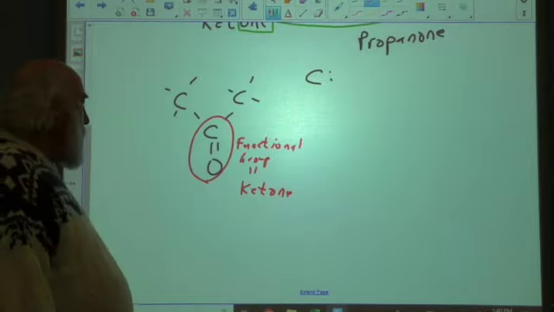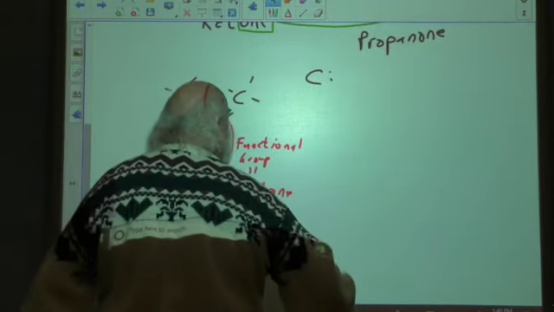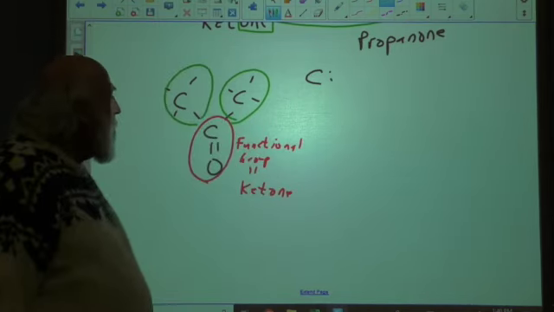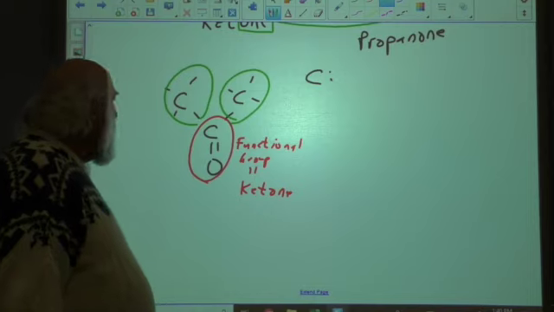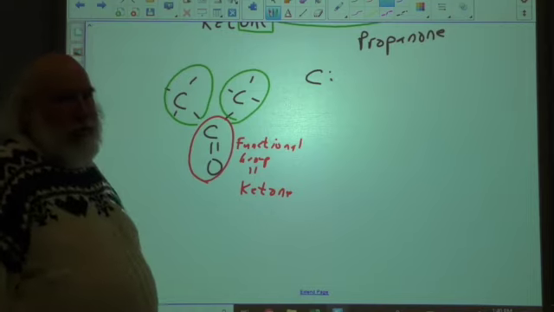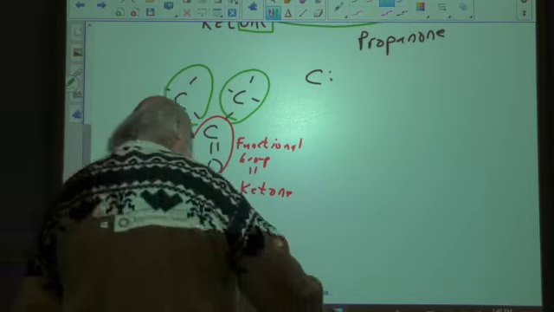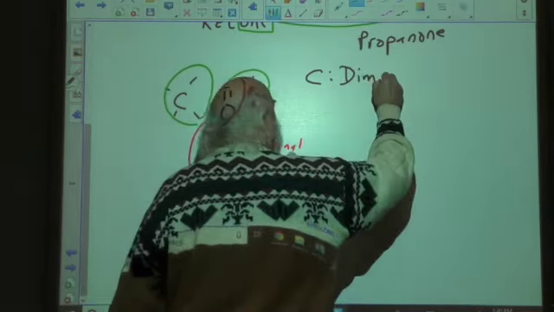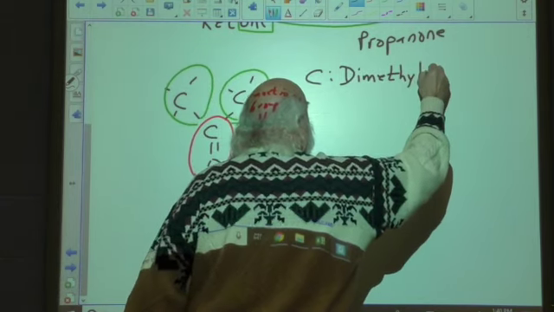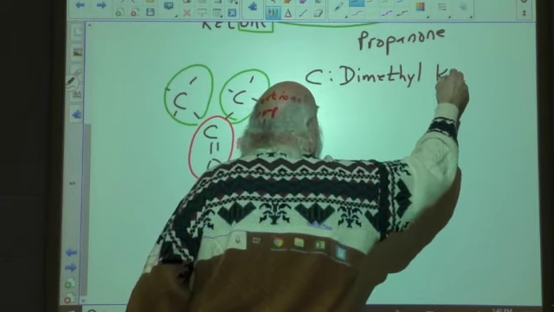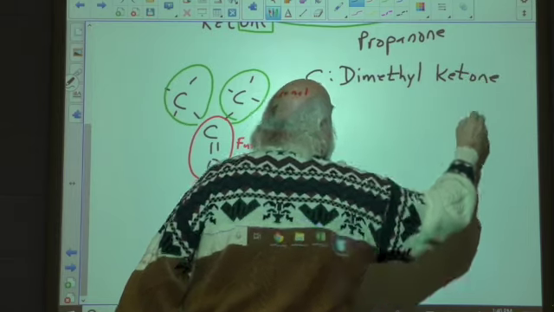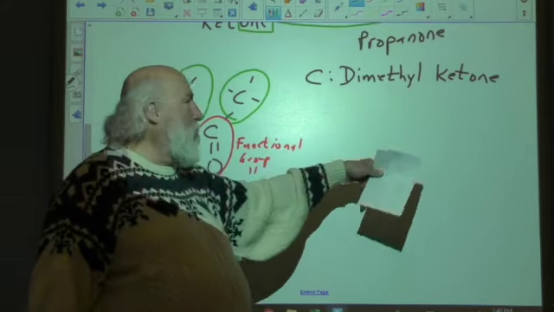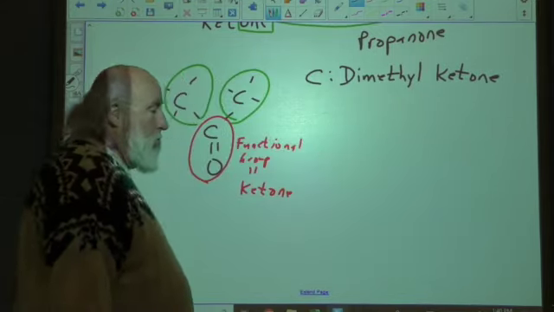Now you identify the two attachments you have, and I'll make Mickey Mouse's ears green. It'll fall off any minute now. But they're both methyl groups. So the name of this compound is dimethyl ketone. And again, it's two words because it's not IUPAC. Dimethyl is an adjective for the ketone, at the grammatical level.